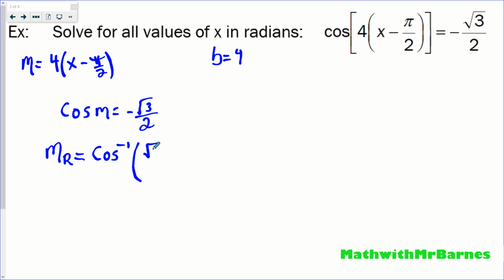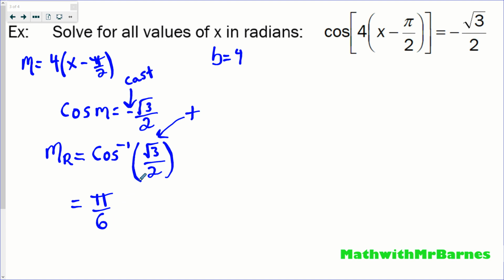Now remember a rule when we're finding the reference angle, easily forgotten on a test: whatever number I put in here, it's always positive. The negative is basically for the CAST rule, so it'll tell me which quadrants to pick where cos is negative. Now I can evaluate this. Maybe you know those off by heart, which works out even better. So cos inverse of root 3 over 2, and I end up with pi over 6. That's my reference angle right there.